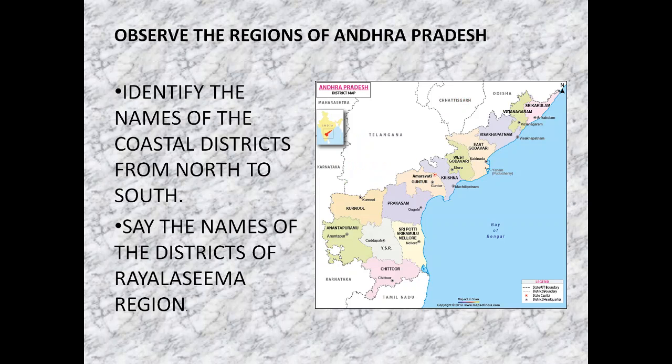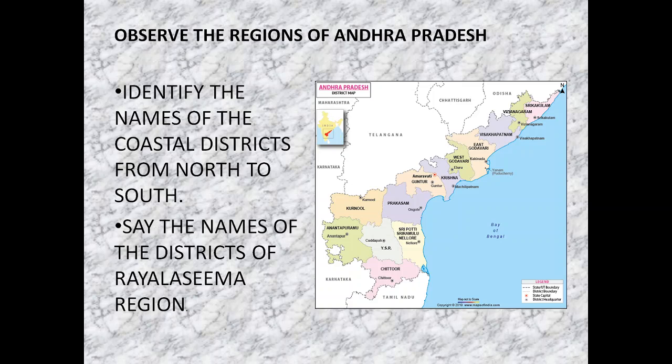And after that, we can present the map of Andhra Pradesh, and we can ask the children to identify the districts which are there in the coastal area and also in the Rayalaseema region. Identify the names of the coastal districts from north to south. Say the names of the districts of Rayalaseema region.